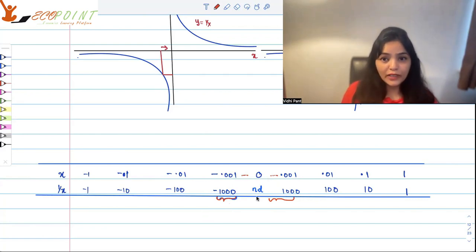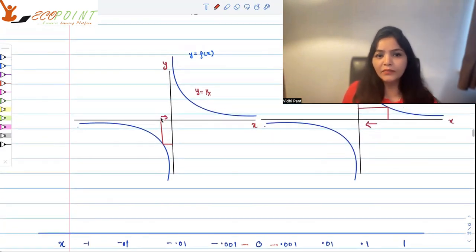When it comes to the negative side of 0, that is very close to 0 from the negative side, what will happen? y, or f(x), will be going to minus infinity. It will keep on going to minus infinity.